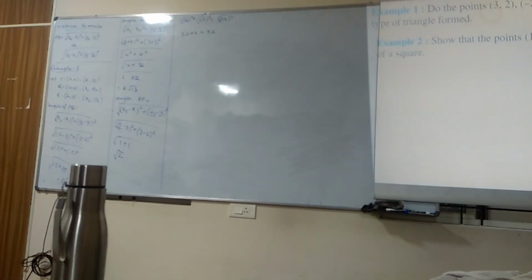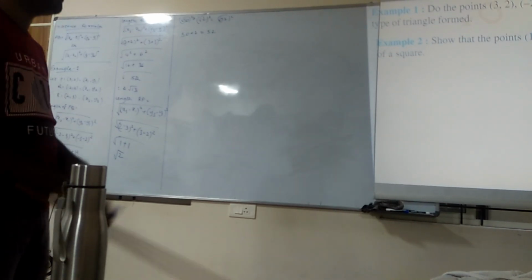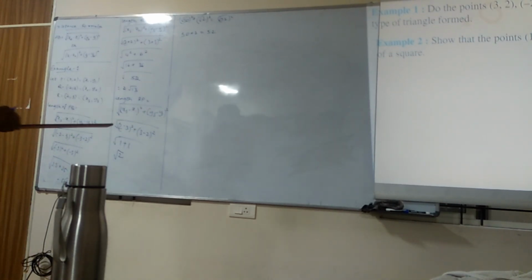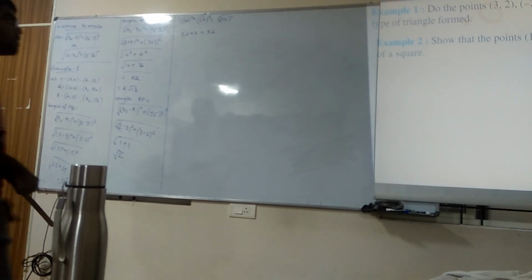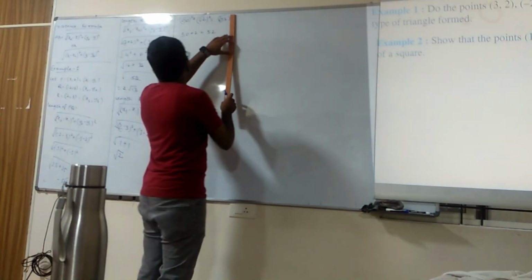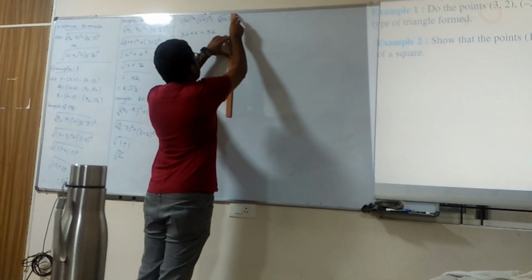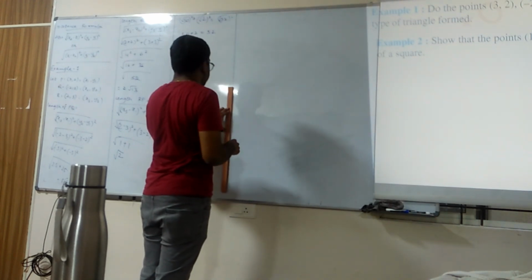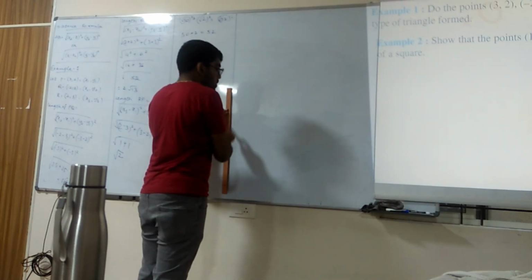Let's move ahead further with the second question. Show that the 2 points (1, 7), (4, 2), (-1, -1), (-4, 4) are the vertices of a square.